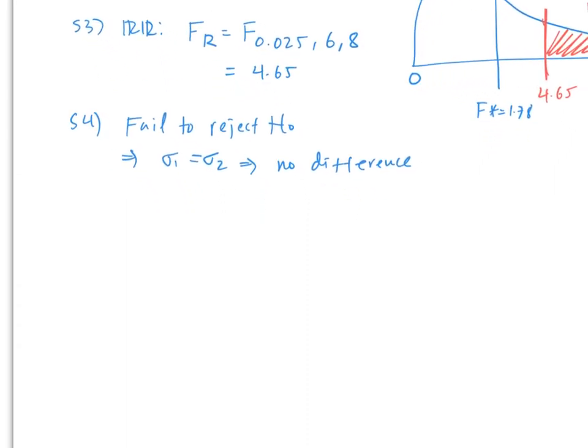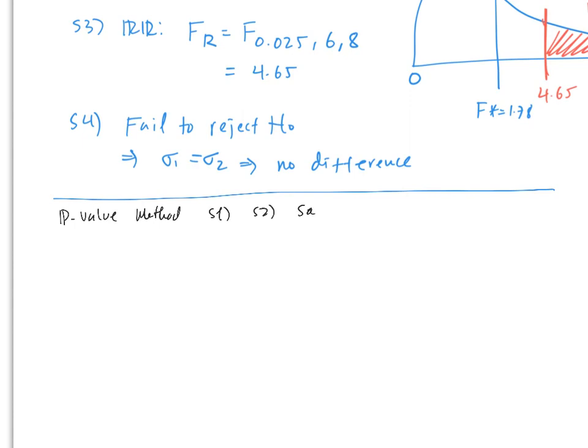Okay, you can use the p-value too, and again you have two choices. You can use the calculator or you can use the table. For the p-value, just remember step 1, step 2 are the same as before.